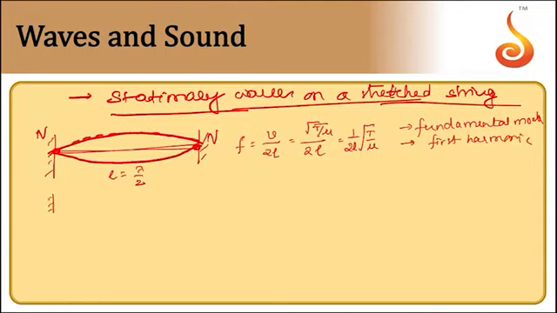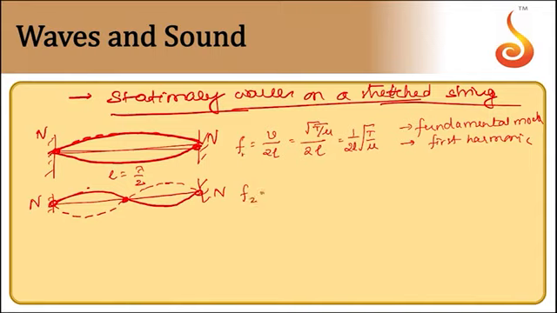Let me consider the same string. In the next mode of oscillation, I am expecting a node here, a node here, and one node in between, and these become antinodes. So the next mode of oscillation can be shown like this. This time the frequency can be written like this. This is F1.